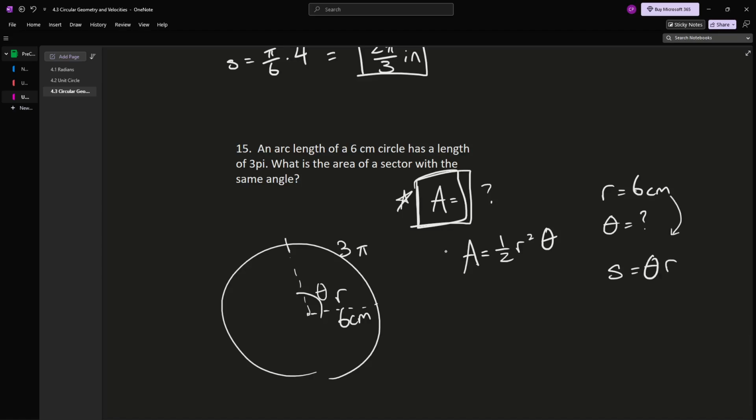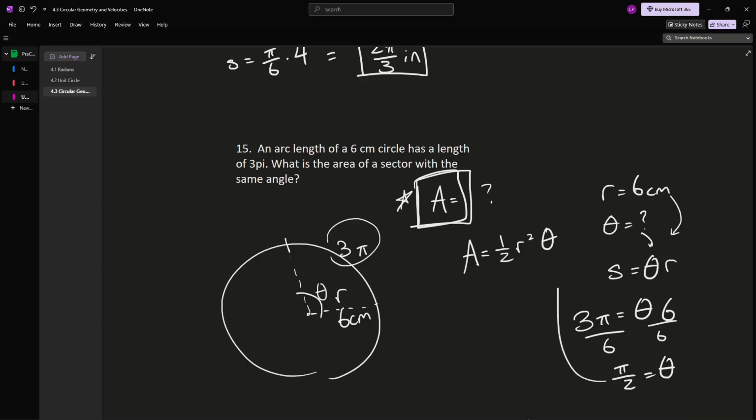So I'm going to use R. Theta is right here. And let's see, do we have S? The arc length of a 6 centimeter circle has a length of 3 pi. I see, I do have S. 3 pi equals theta times 6, divide by 6, divide by 6, to get pi over 2 equals theta.